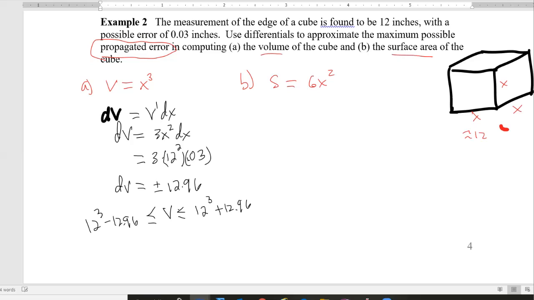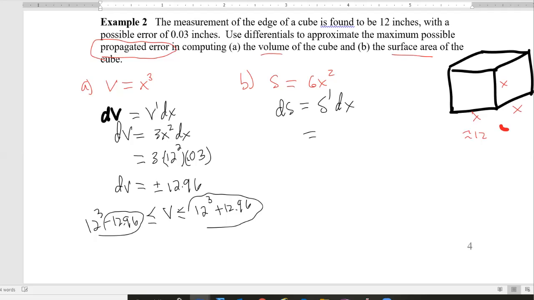So that's where your volume is going to be, depending on your measurement. It could be as far off as this high and this much lower than the actual 12 cubed.